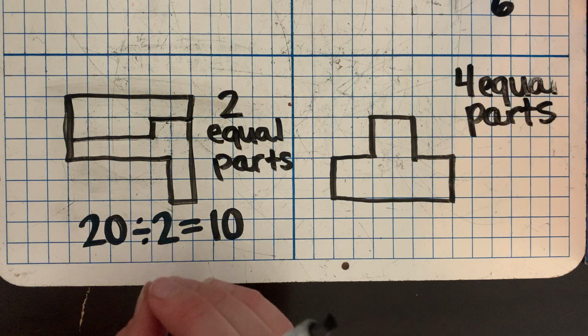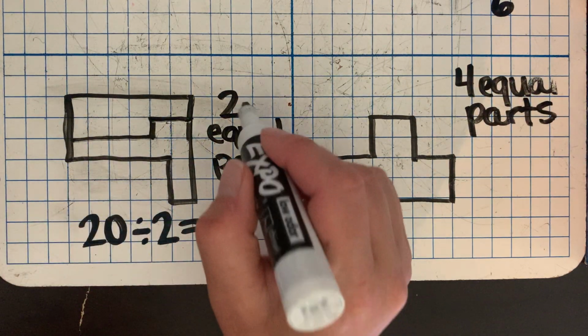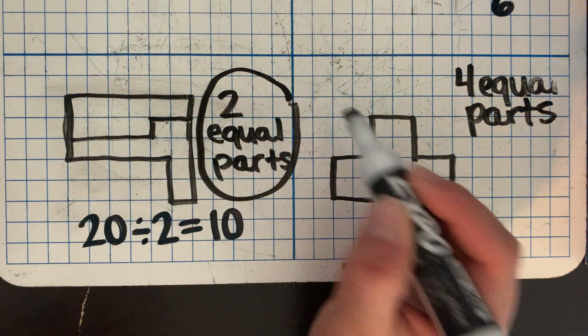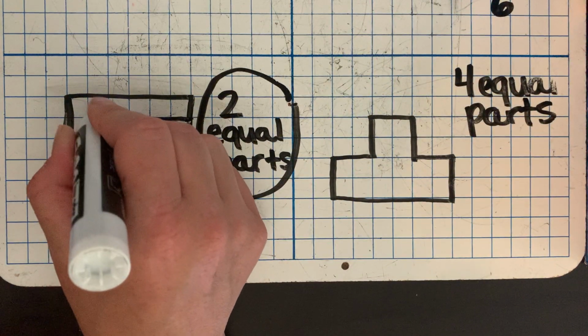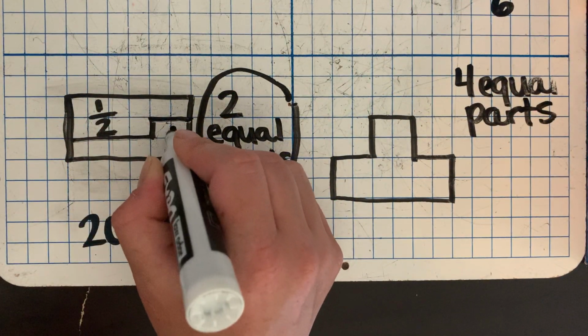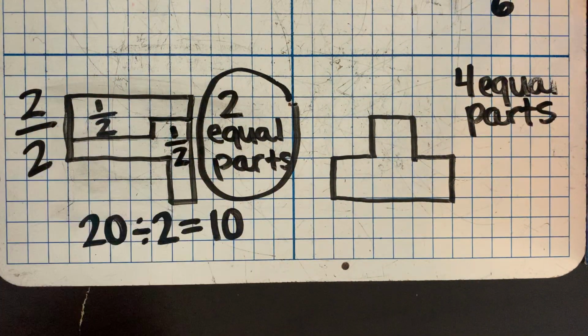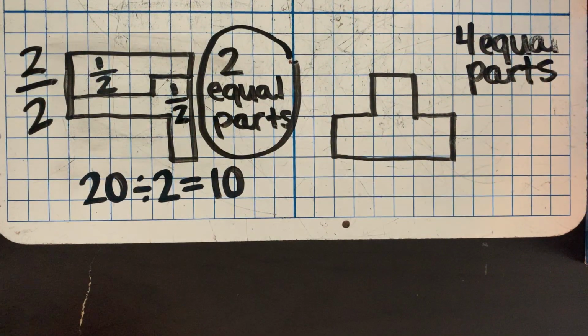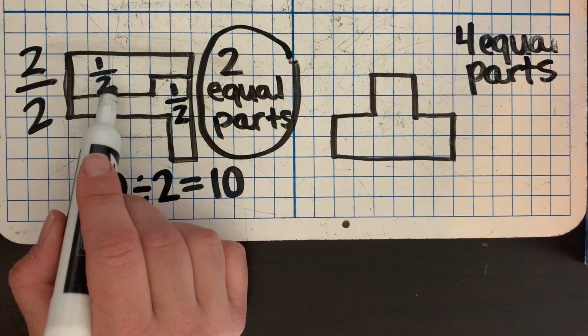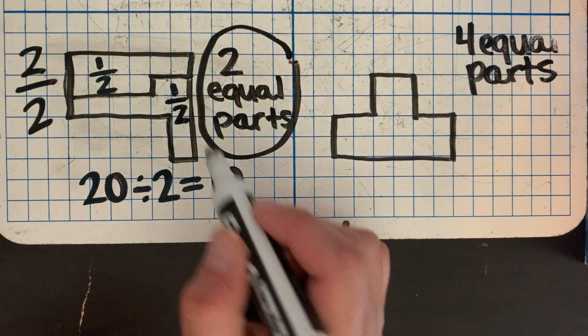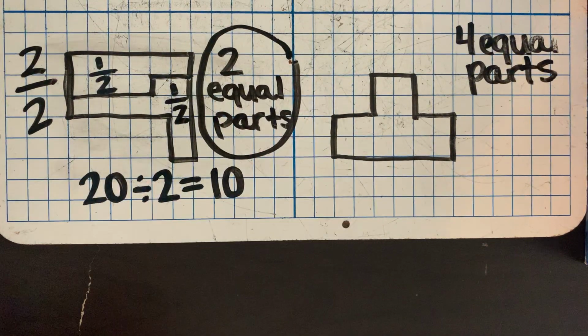But the unit fraction here, my whole was split into 2 equal parts. So each one is one of the 2 equal parts. And altogether, it's 2 halves or a whole. Okay, so don't mix up the unit fraction with the area that you're including in each unit fraction.